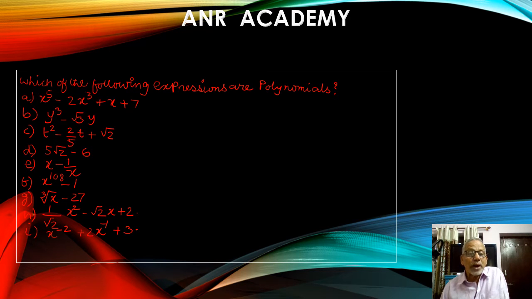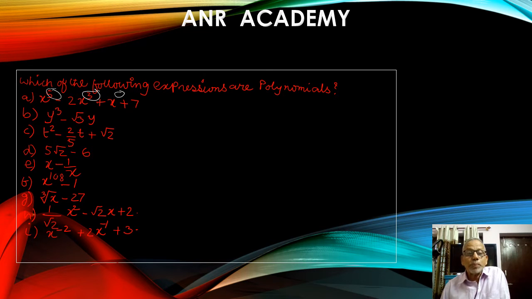First one, x to the power of 5 minus 2x cube plus x plus 7. What are the powers of the variable x? This is x to the power of 5, x cube, x. x means x to the power of 1.